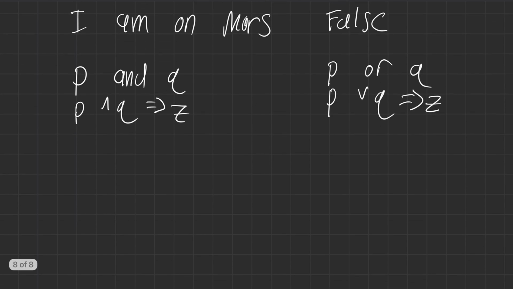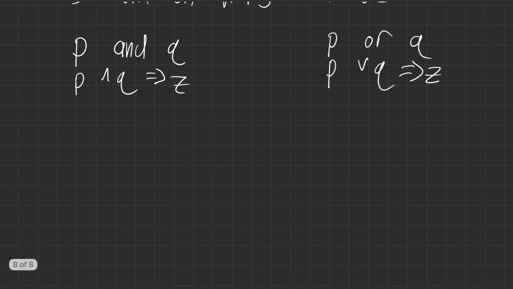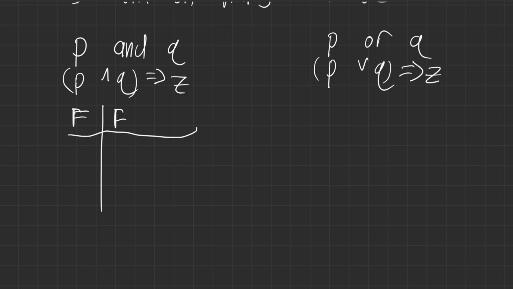So we have to talk about truth tables. This is set up pretty well. When we say that things are anded, we're talking about this as a statement itself. So let's say two false statements. We're building up a table here of P and Q, and then what Z is.